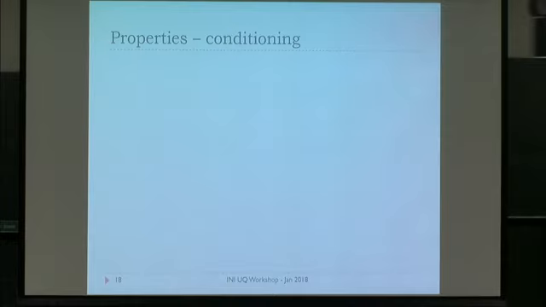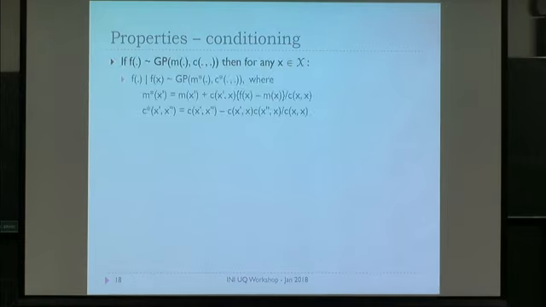Important properties of this Gaussian process. If I condition that Gaussian process on knowing the value at any number of points, and let's just start with one point, then the function f given the value f(x) at a single point x is still a Gaussian process. Its mean function changes, its covariance function changes, and the point about that is they achieve this effect that we talked about earlier. That mean function will equal f(x) at x.